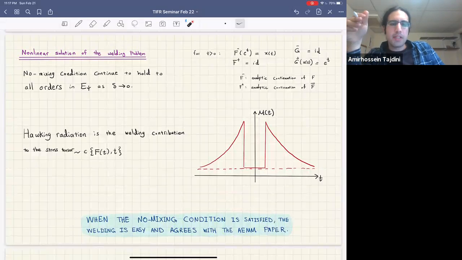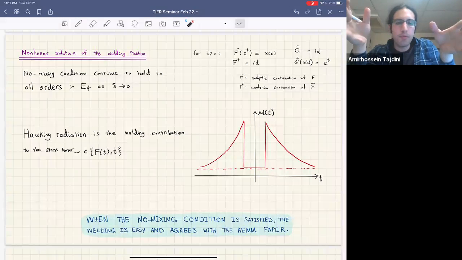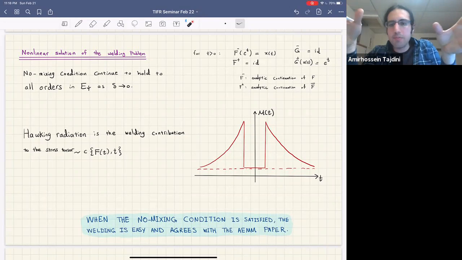Actually, what will happen is that the Hawking radiation term that I previously wrote, which allows the black hole to decay, is this welding contribution, this welding stress tensor. This is kind of interesting, at least it was for me in the beginning, because in the previous East Coast paper on replica wormholes, this conformal welding seems to play no role.